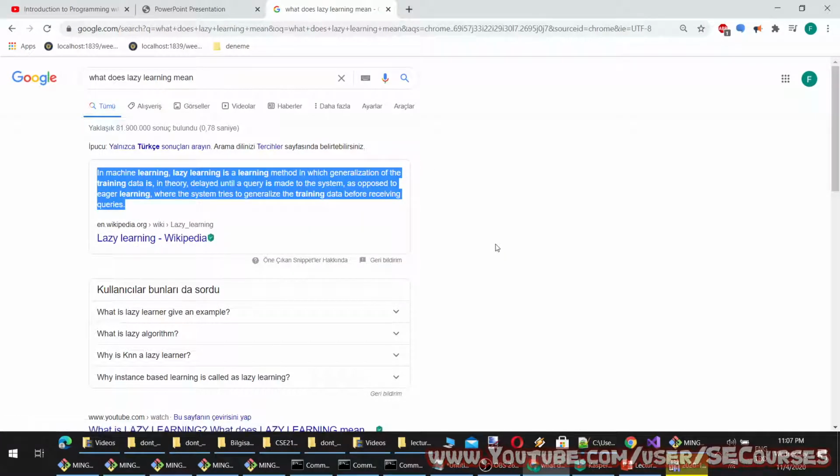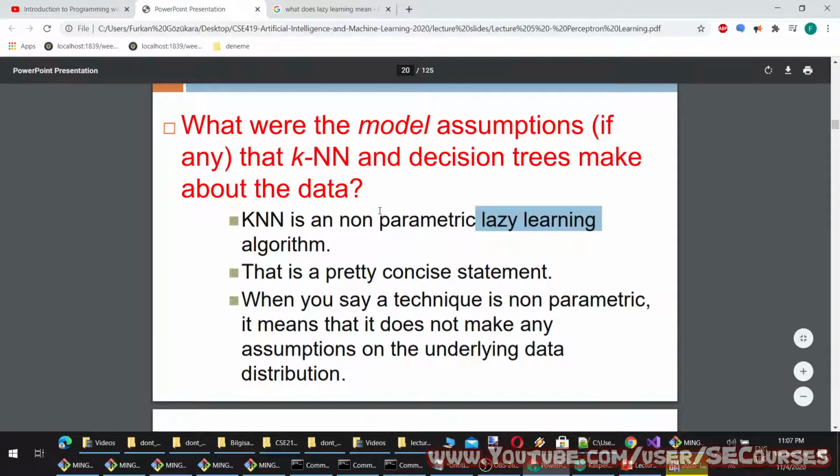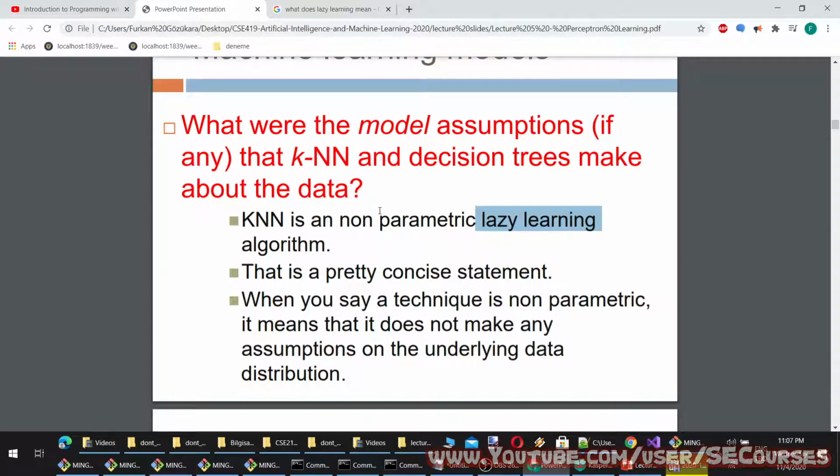In machine learning, lazy learning is a learning method in which generalization of the training data is, in theory, delayed until a query is made to the system, as opposed to eager learning, where the system tries to generalize the training data before receiving queries. So this means that actually in KNN we don't make any pre-training.